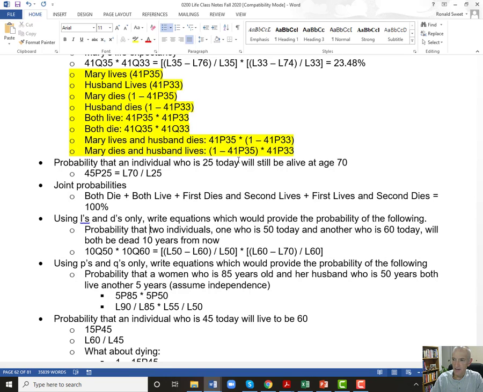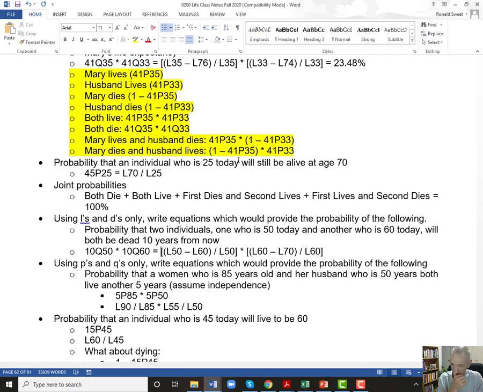But if I said using only L's and D's, then 10Q50 is L50 minus L60 over L50, and 10Q60 is L60 minus L70 over L60. So only using L's, that's what you do.